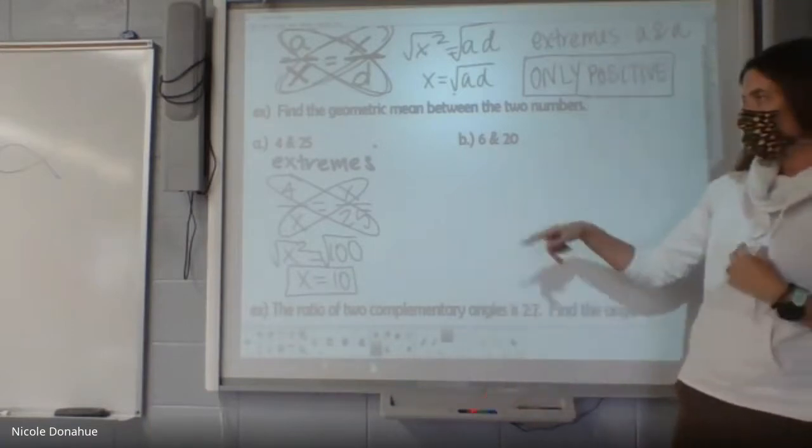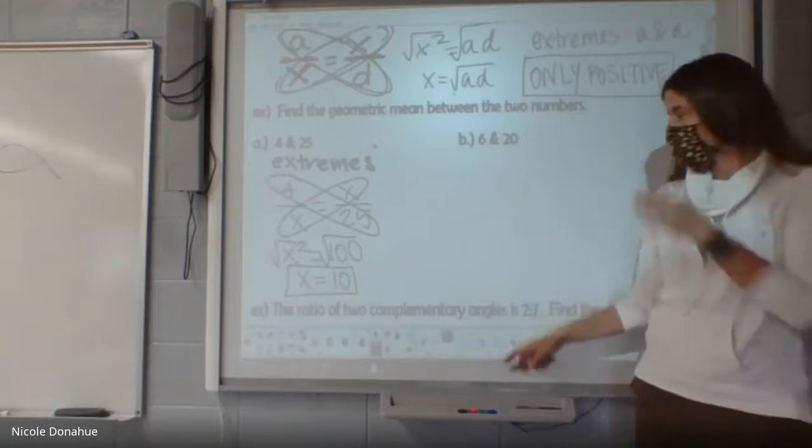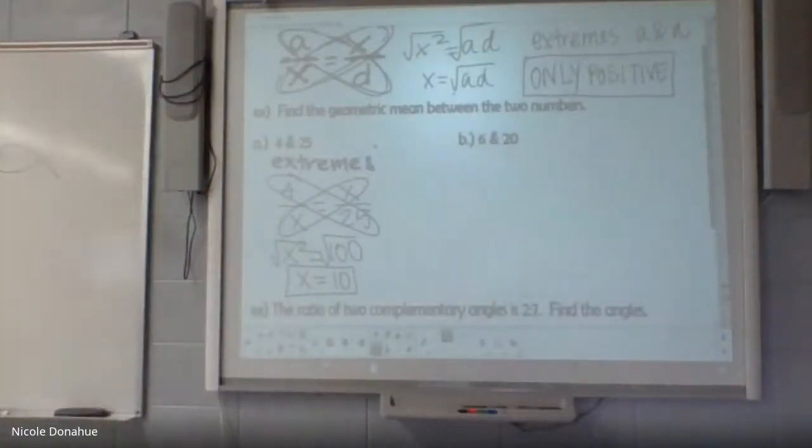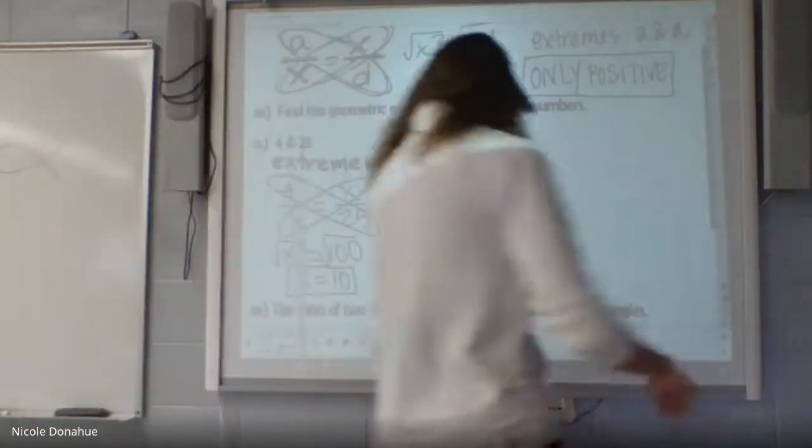So try setting up this one. Again, they're giving us the extremes, 6 and 20, and you're trying to find the geometric mean. So you're trying to find X. I'm going to start by setting this up.